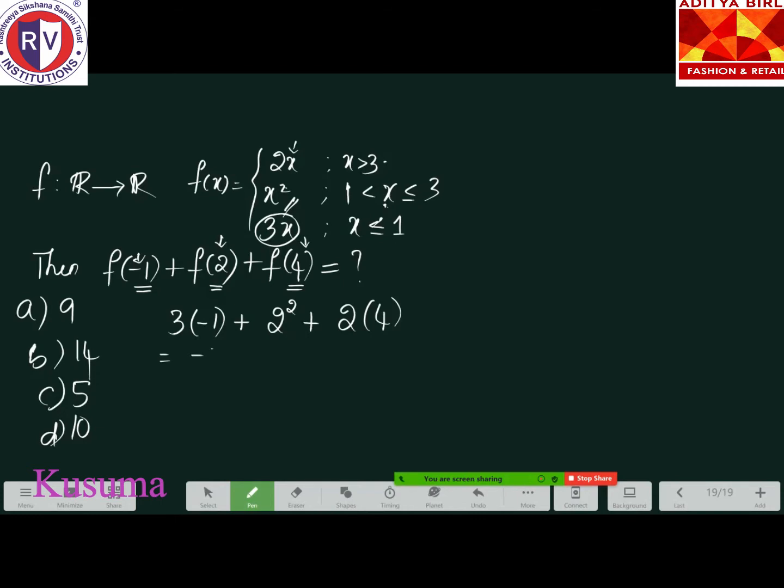So this is -3 plus 4 plus 8. So the value is 9. That is, f of -1 plus f of 2 plus f of 4 is equal to 9. So this is your option A here.